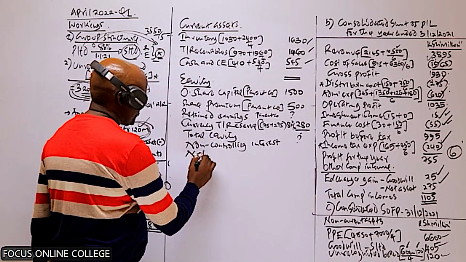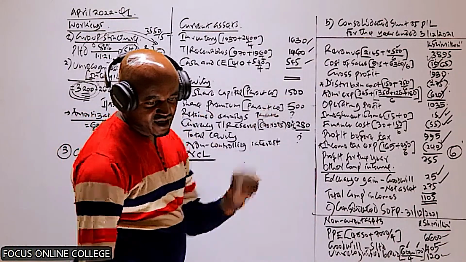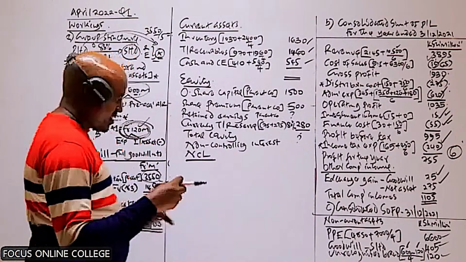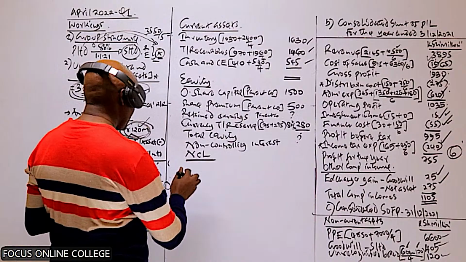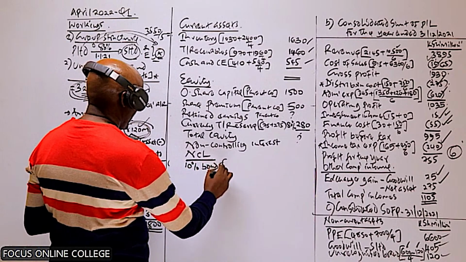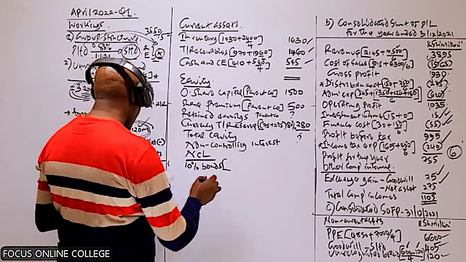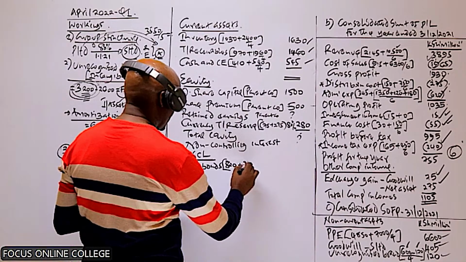And then now from here, we proceed to record the liabilities. We start with the non-current liabilities. So for the non-current liabilities, we have 10% bonds. I will take that of the parent, which is 820 plus 2640.